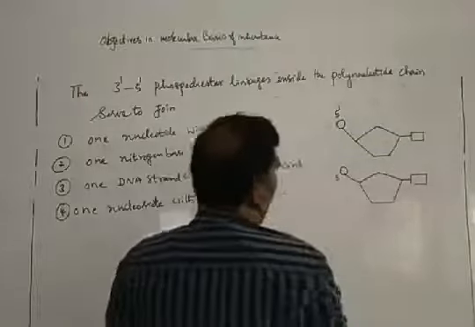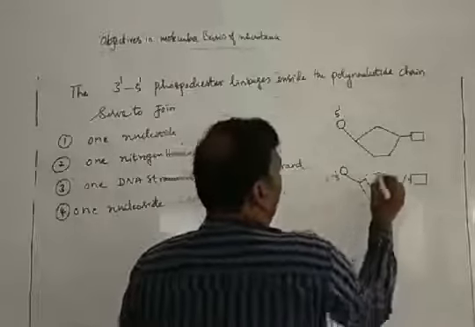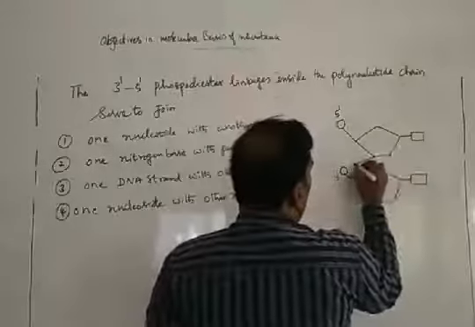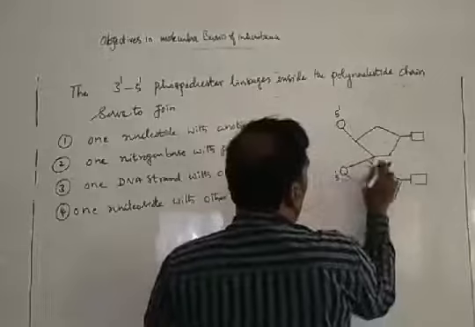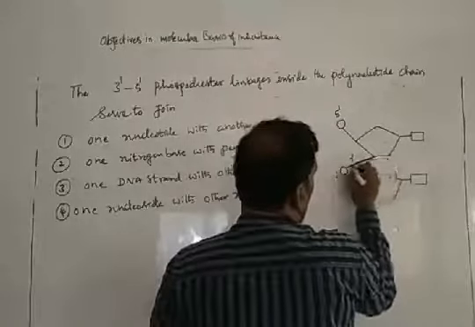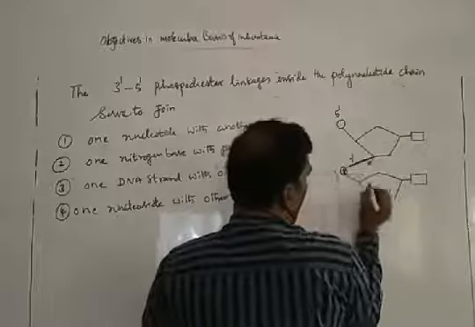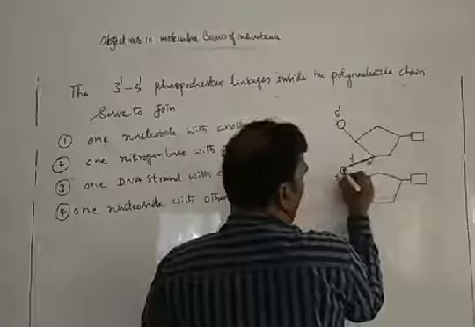These two nucleotides are joined through the 3 prime carbon, which has a phosphate, and the fifth carbon of the next nucleotide.